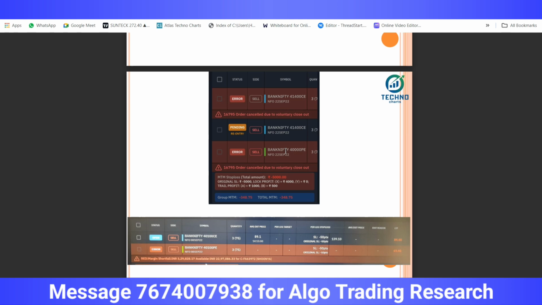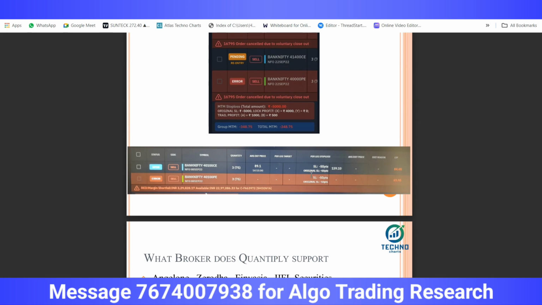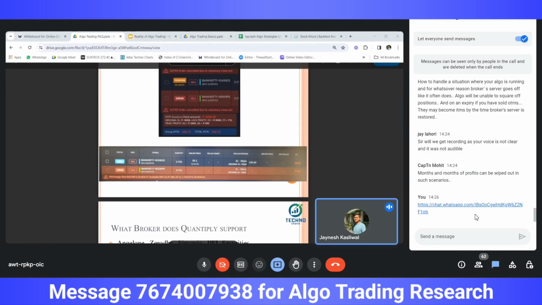That is a scenario where everything can go wrong. Now you can see on the screen that the error shows order cancelled due to involuntary closeout. There are issues where there could be margin shortfall errors, and that can cause a blunder in your account.